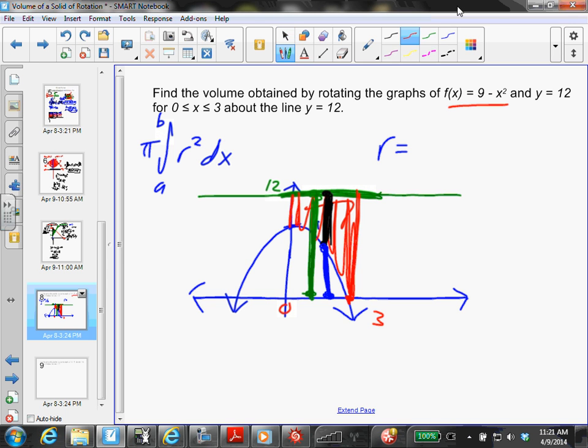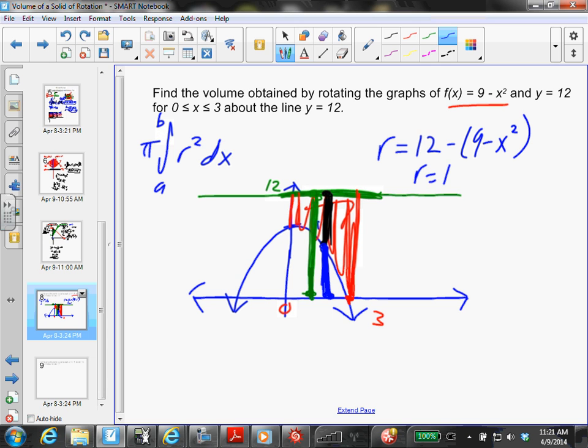So what I'm going to do to get the radius of this one is I'm going to take the height of that green line, which we know is always 12, because we're dealing with the line y equals 12, and then I'm going to subtract the function, which will give us the height of the blue line. And the function in this case is 9 minus x squared. And that will leave us with the black line, which is what we actually want for our radius.